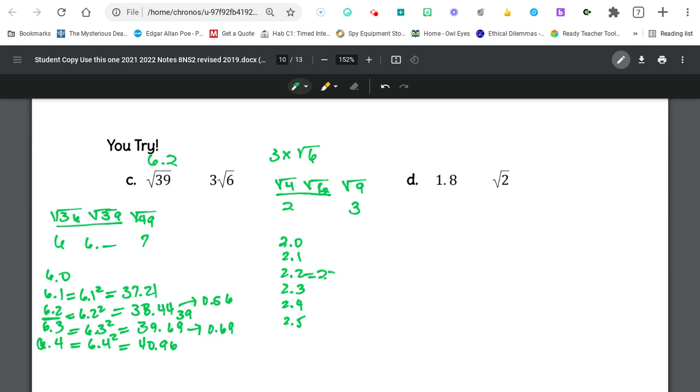Okay, I'll start off with 2.2 squared. Just see what I get. That's 4.84. 2.3 times 2.3 is 5.29.